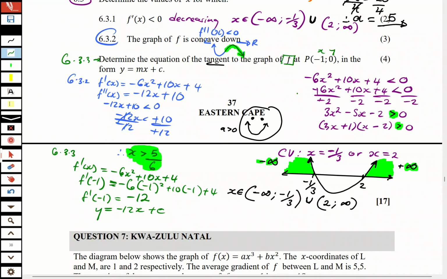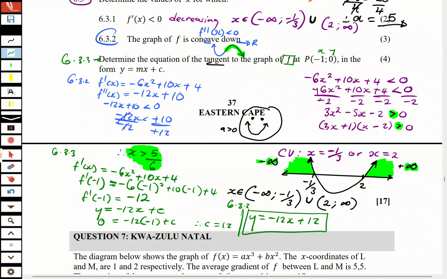By looking at what you have there, your y is 0, your x is negative 1, plus c. This therefore gives you c to be a positive 12. And this will therefore give you y equals negative 12x plus 12. And this will be the answer, guys, for 6.3.3 that I said there.